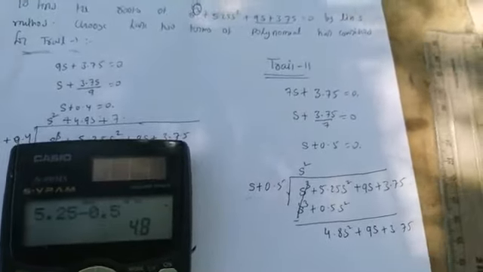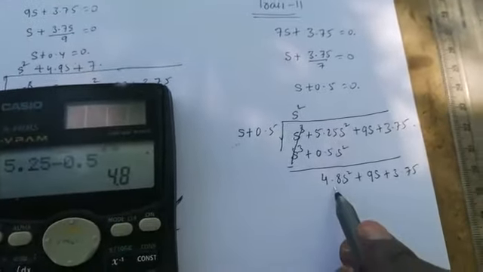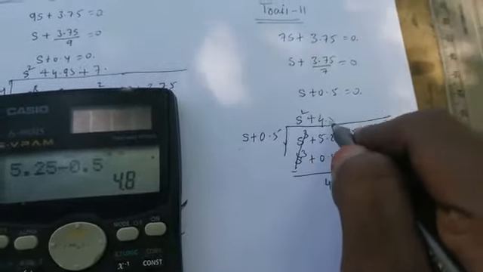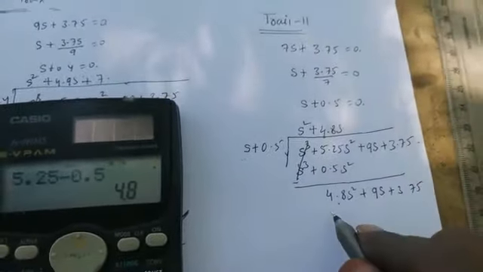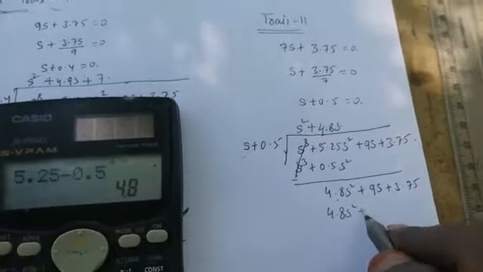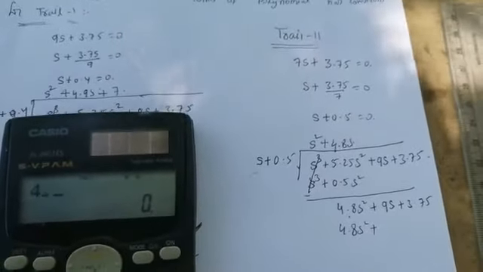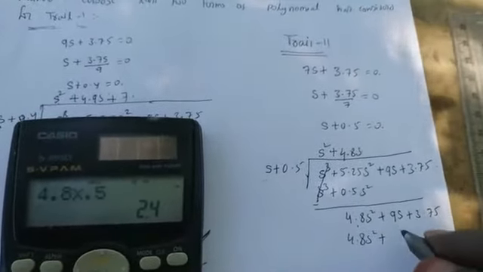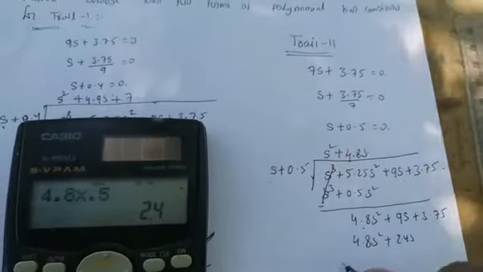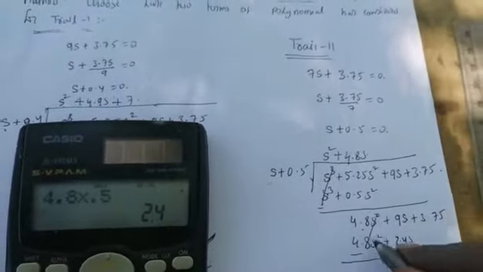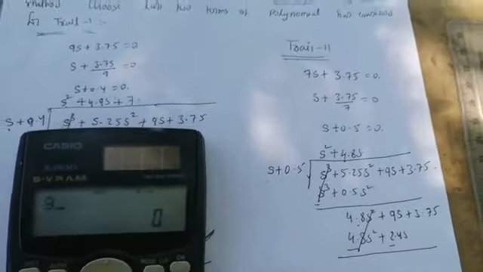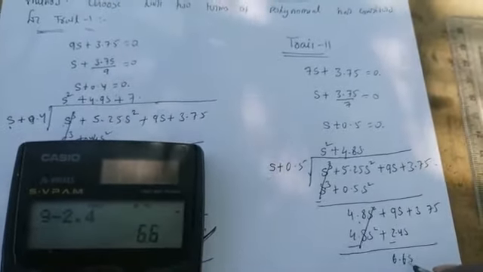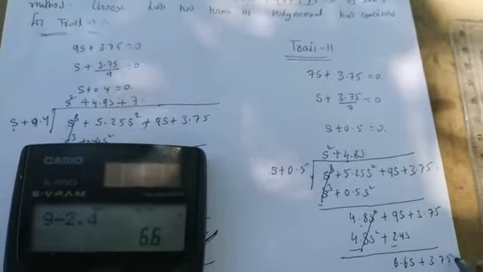Again we have to eliminate this 4.75 s square term. So it should be multiplied by 4.75 s, then 4.75 s square plus 4.75 into 0.5, so you will get 2.4 s. 9 minus 2.4, 6.6 s plus 3.75.